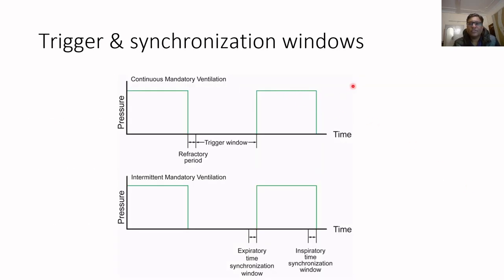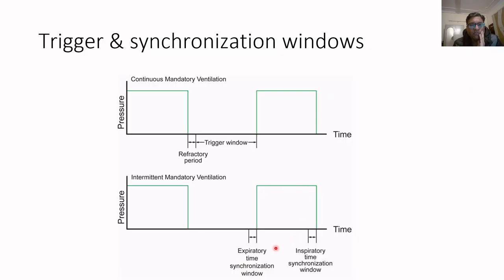These are trigger and synchronization windows. The trigger window is at the end of inspiration. After a small refractory period, there is a trigger window during which the patient can trigger the next inspiration. The synchronization window is at the end of expiration. During it, the ventilator waits for a patient signal so that it can synchronize the mandatory breath with the patient signal.